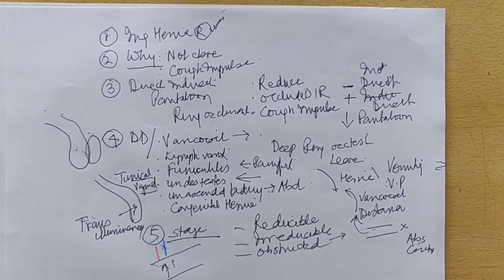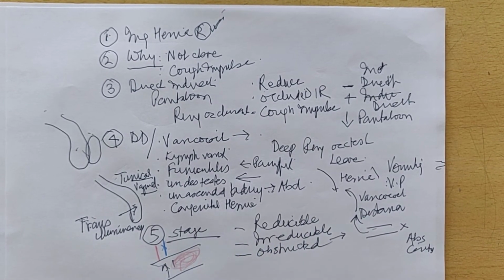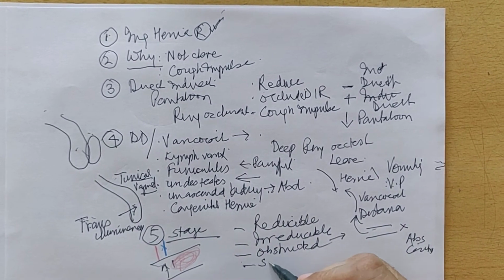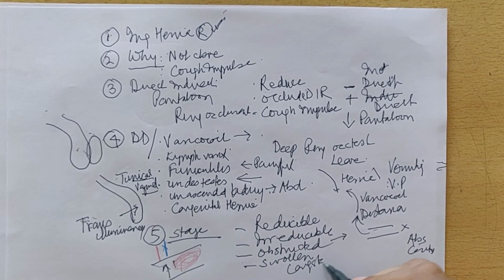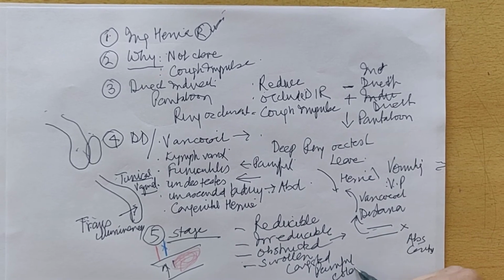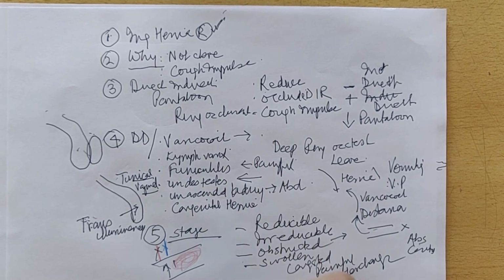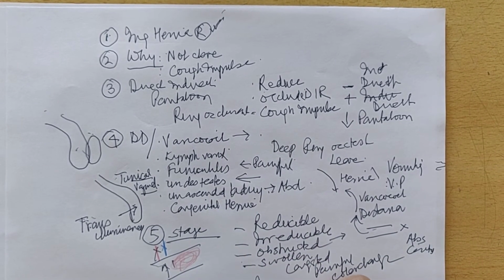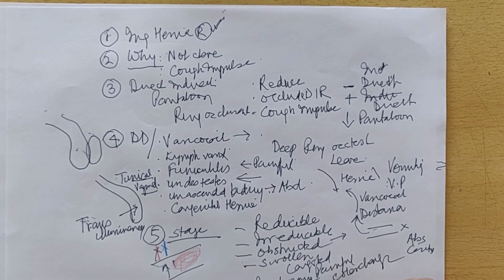Arteries keep on pumping blood, so there is fluid collection inside it, so it becomes swollen, congested, and painful. There may be a color change. Then the arteries also stop, so it becomes ischemic, and this ischemia is recognized by rebound tenderness.